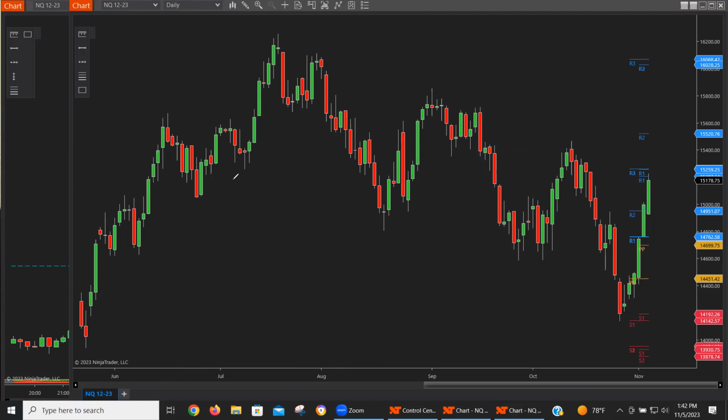The entry point. Just so you understand why we use Top Dog: Top Dog is going to tell us, let's say if it was this area here, when the momentum shift changed. Well, I don't want to move too far in advance. I don't know about Top Dog.